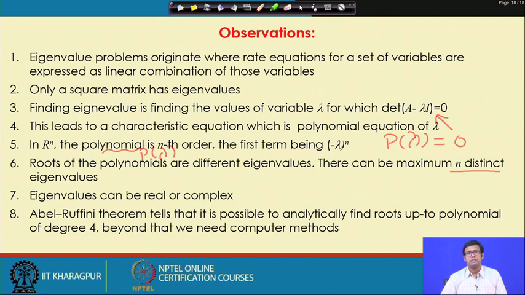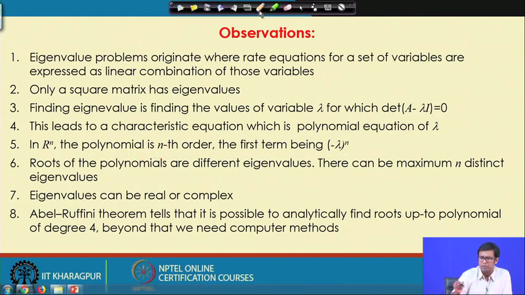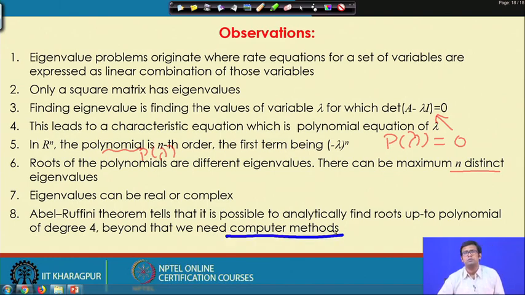The Abel-Ruffini theorem tells that it is possible to analytically find roots only up to polynomials of degree 4. Beyond that, we need computer methods, and this is important. So, eigenvalues need computer methods in most cases, through trial and error or through approximation, to find the roots of the polynomial equation.